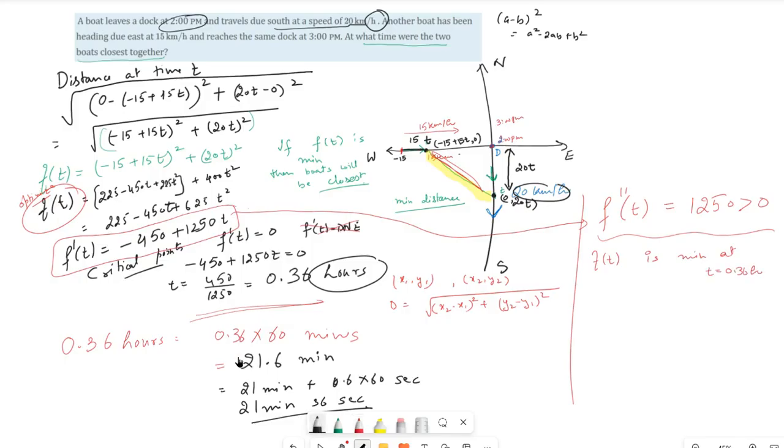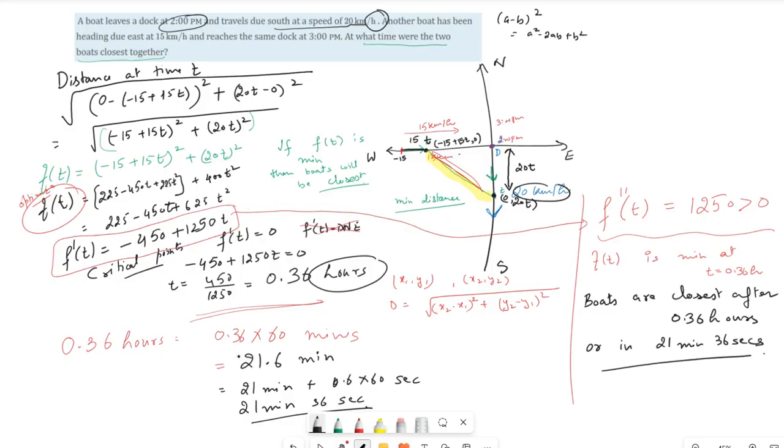If the function is minimum at that time, we can say the boats are closest after 0.36 hours, or in 21 minutes and 36 seconds.